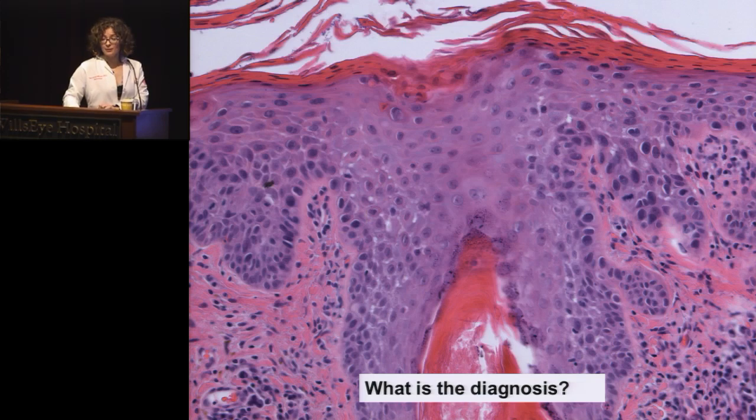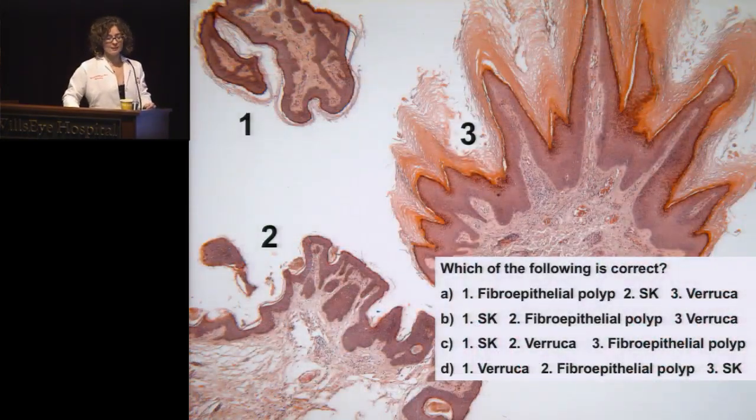Do you see parakeratosis? Do you see dysplasia? There is a suggestion of actinic elastosis. What's your diagnosis? Actinic keratosis. Good. So can you now try to put these together? Which is the best? A, B, C, D, or E? SK stands for seborrheic keratosis.